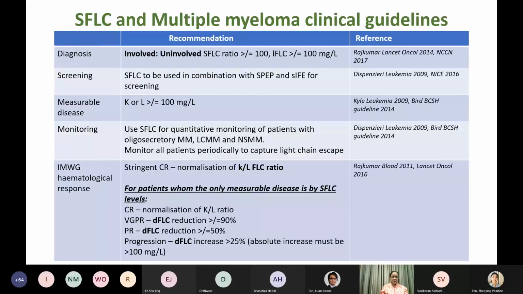What are the clinical uses of measuring serum-free light chain? The serum-free light chain assay is a sensitive antibody-based system that can detect very low concentrations of monoclonal free light chains in the serum.